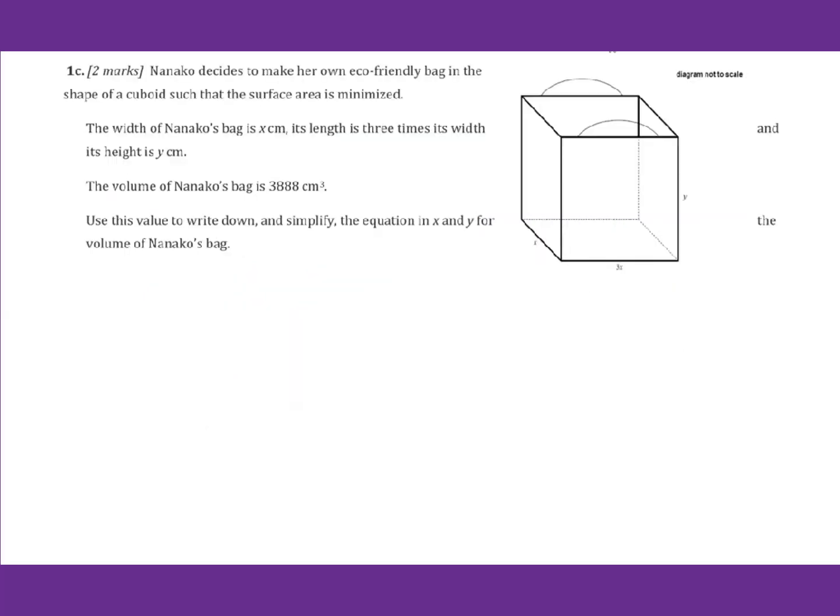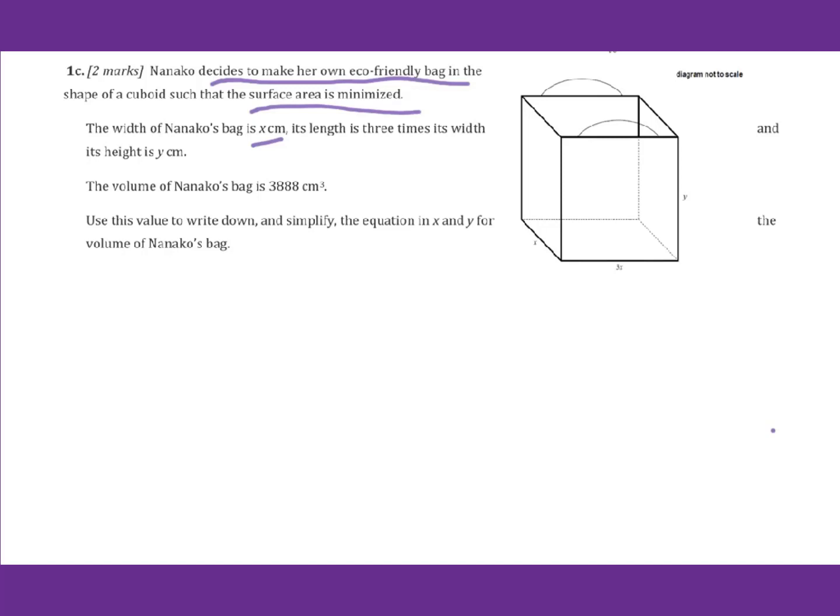Another girl decides to make her own eco-friendly bag in the shape of a cuboid, such that the surface area is minimized. The width of the bag is x centimeters.